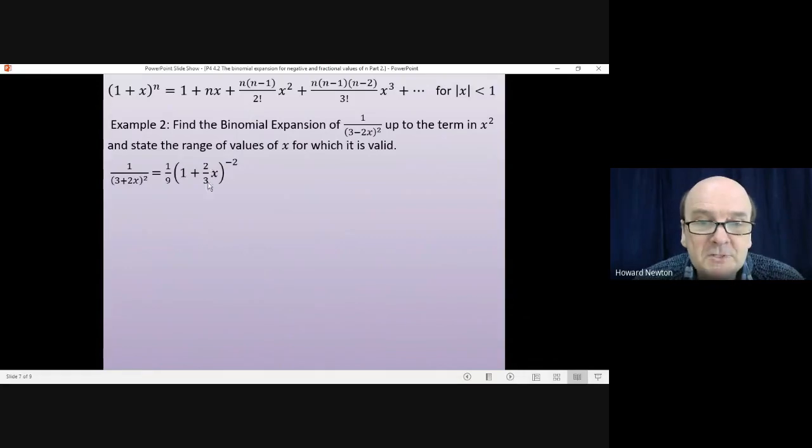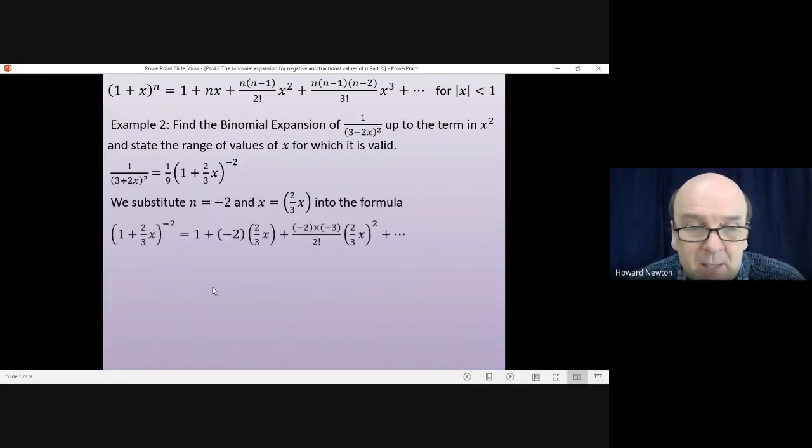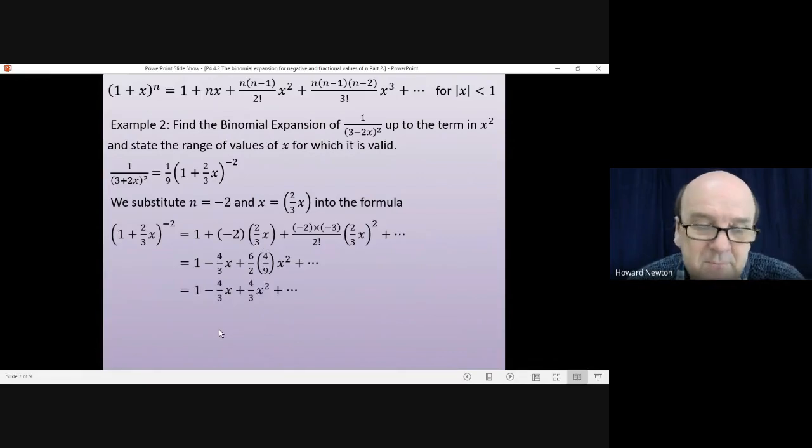And then 1 plus 2/3 x to the power of minus 2, we expand that in the normal way using the binomial expansion. So n is minus 2, x is 2/3 x. Both of those we substitute into here. And that will give us that. From then on, it's just tidying things up. That would simplify to this, which ultimately simplifies to 1 minus 4/3 x plus 4/3 x squared plus higher order terms.